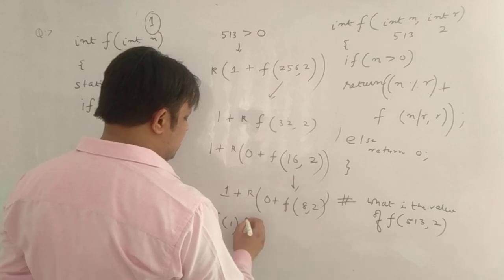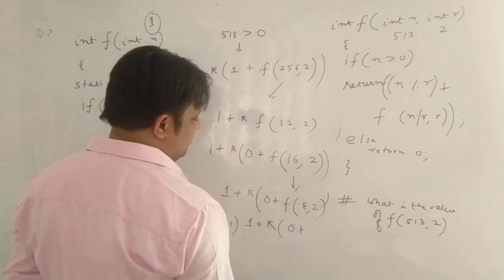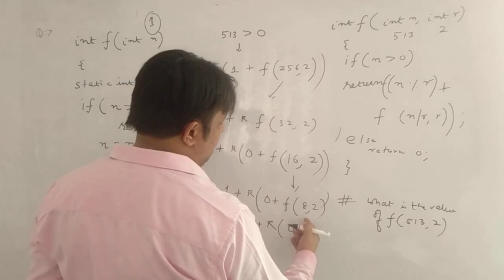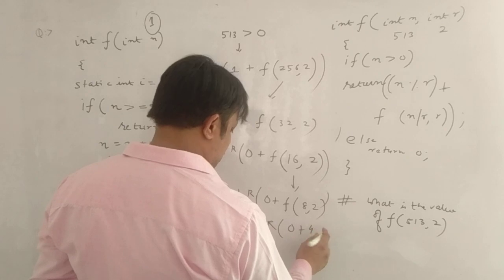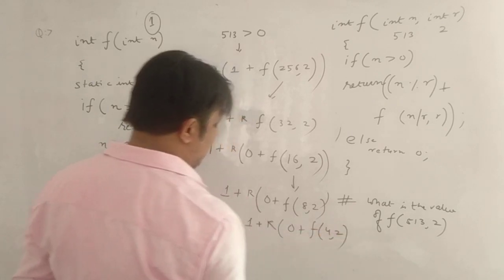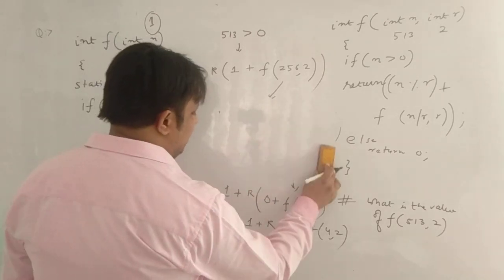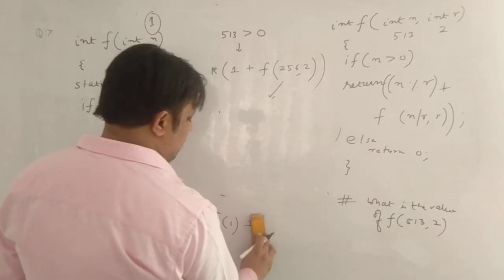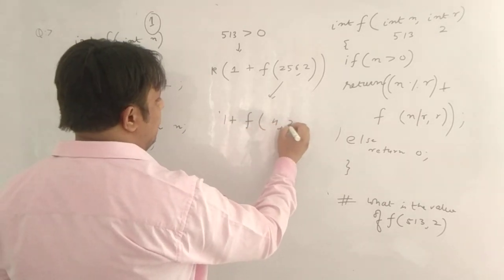Then 8 modulus 2 is 0, plus 8 by 2 is 4, so 4 comma 2. Right, so far the function is 1 plus f(4, 2). So I am writing here 1 plus function 4 comma 2.